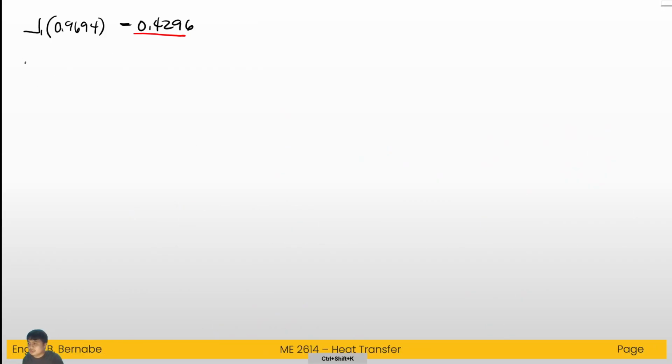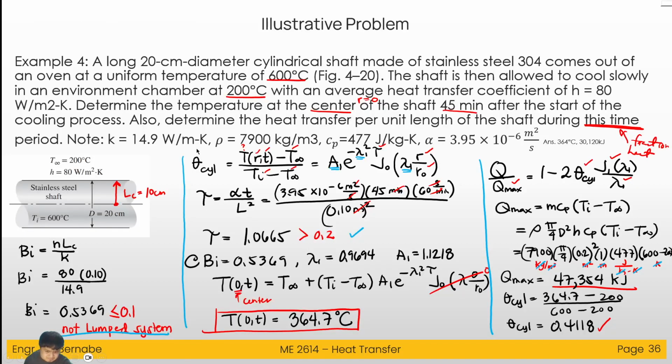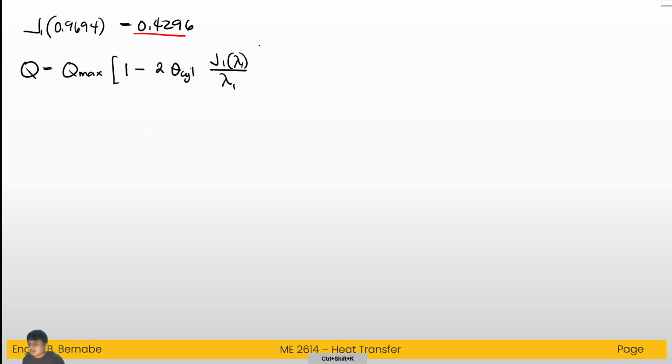The Q over Q max. So Q is just equal to Q max multiplied by 1 minus 2 theta cell, and then you have J1 of lambda 1 over lambda 1. Okay, so substitute the values.